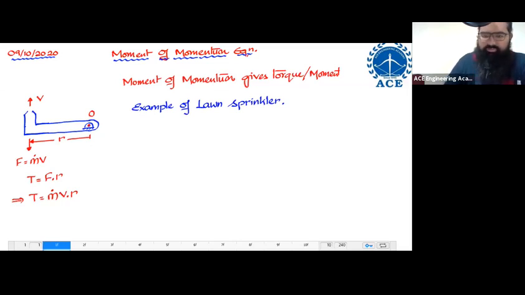You might have seen in very big gardens, there are some kinds of sprinklers. A 3D diagram of the sprinkler could be something like this.